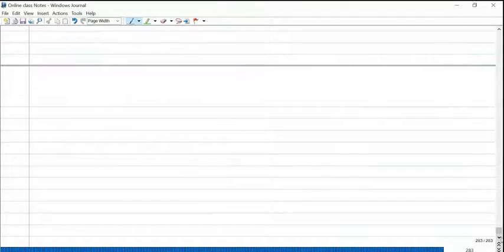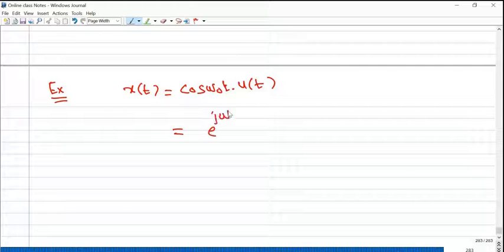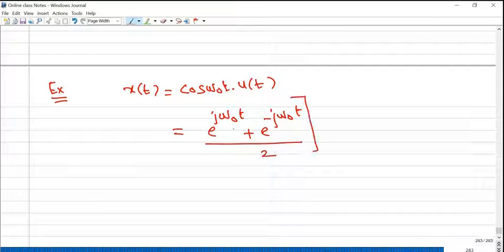One more problem under this category. Find the Fourier transform of cos omega naught t times u of t using properties. They won't mention which properties. Cos omega naught t is e power j omega naught t plus e power minus j omega naught t divided by 2, into u of t.